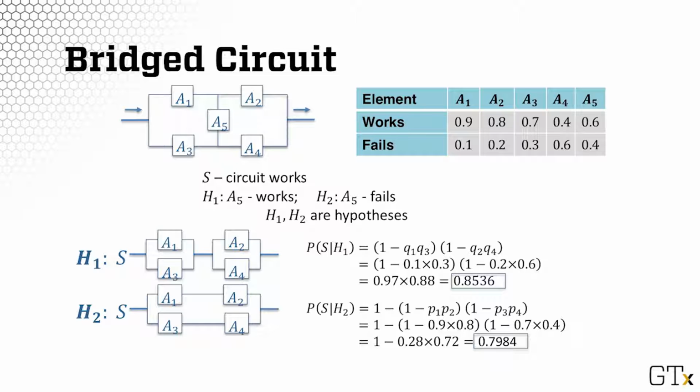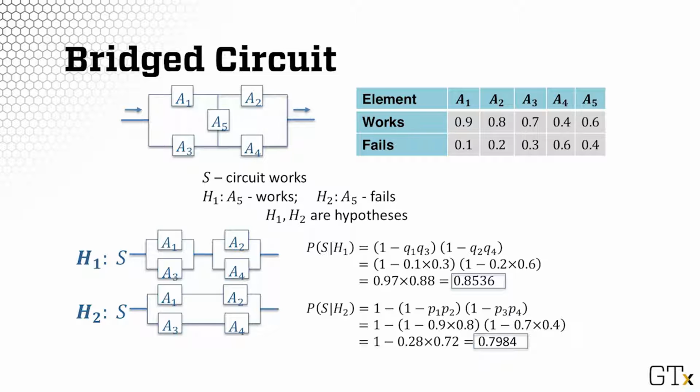But then I return to the probability of working for that subsystem, which is 1 minus Q1 Q3. The same for A2, A4, the probability of working is 1 minus Q2 Q4. But then I take the product of the two because these two are connected in series, and I need the product of the probabilities that these components are working. In this case, I get 0.8536 for the system under H1, when component A5 is working.